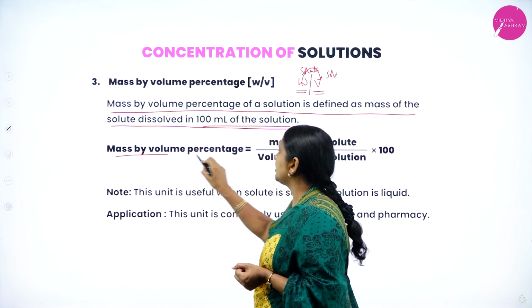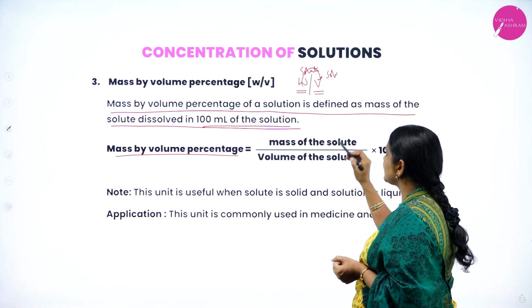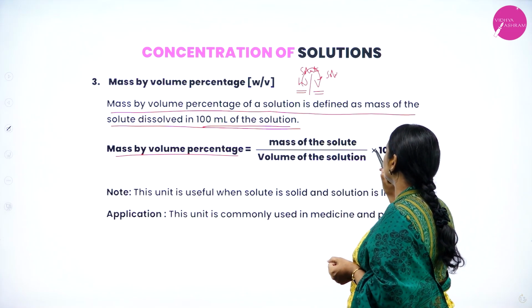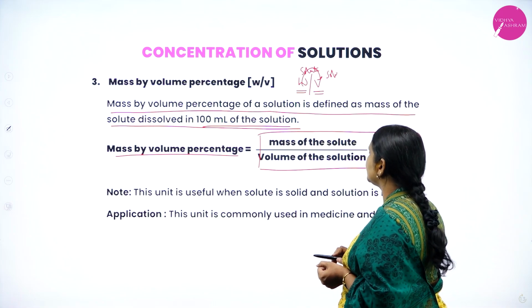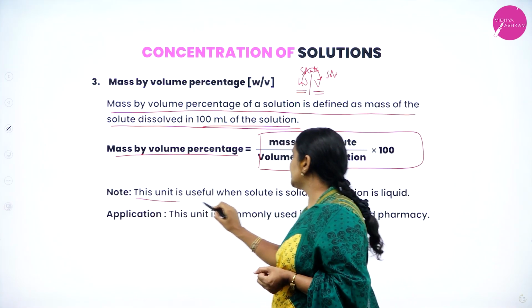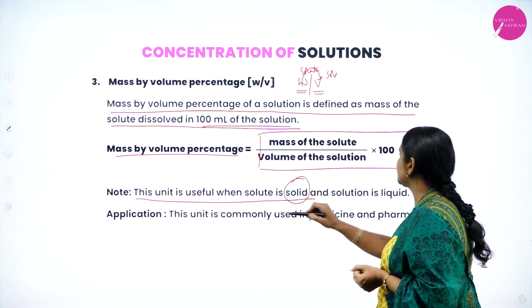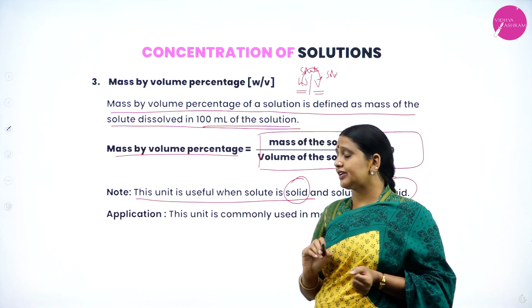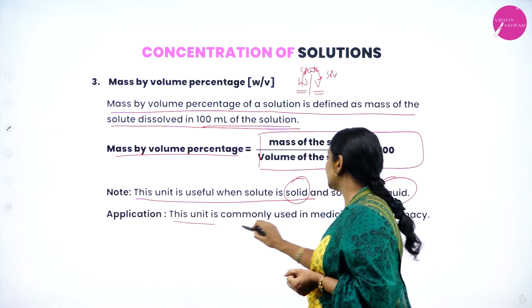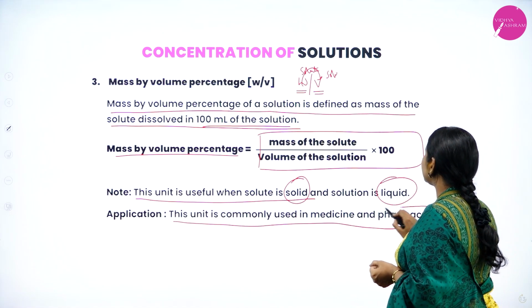Therefore, what's the formula for mass by volume percentage? Mass of the solute divided by volume of the solution into 100. This unit is useful when the solute is solid and the solution is liquid. It is commonly used in medicines and pharmacy.